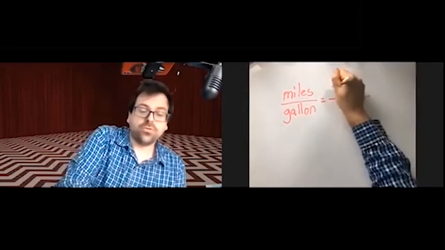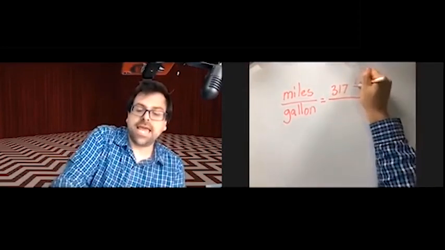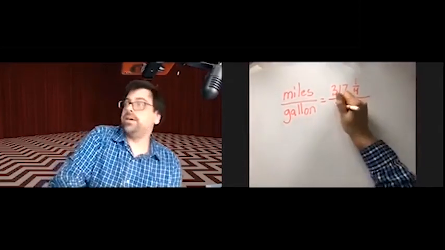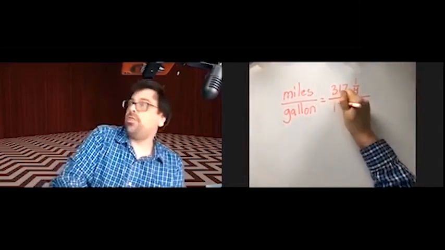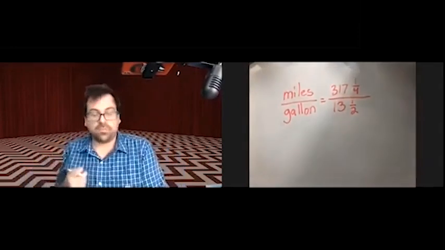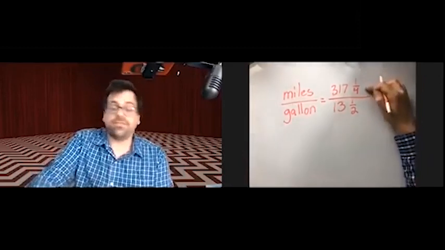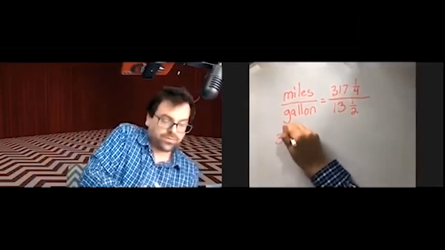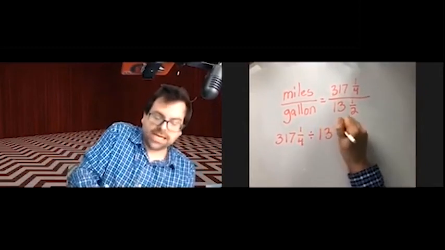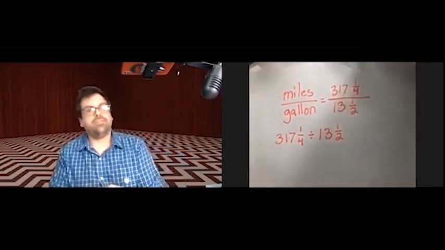We have 317 and 1/4 miles. And the gallons of gas was 13 and a half. So here's the problem we're doing: 317 and 1/4 divided by 13 and a half.